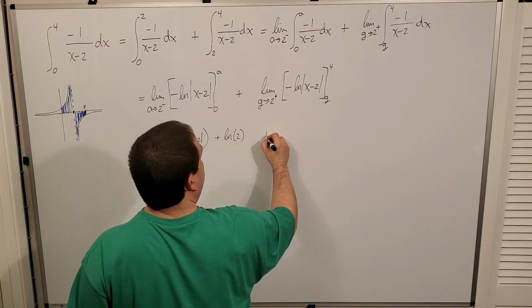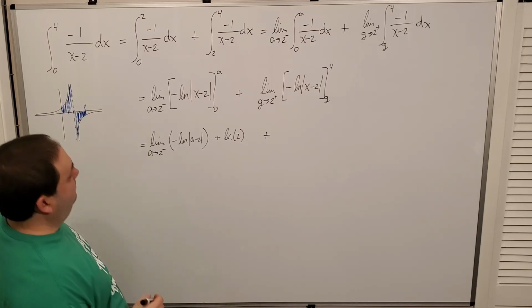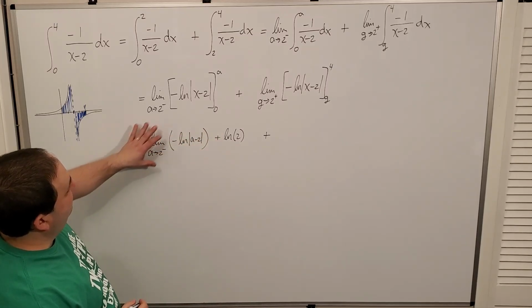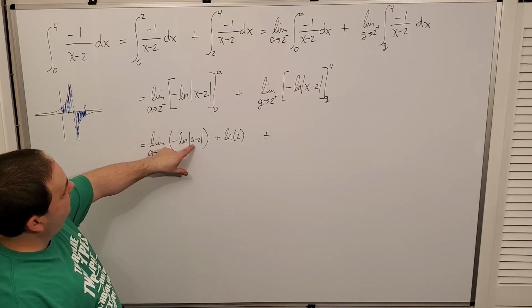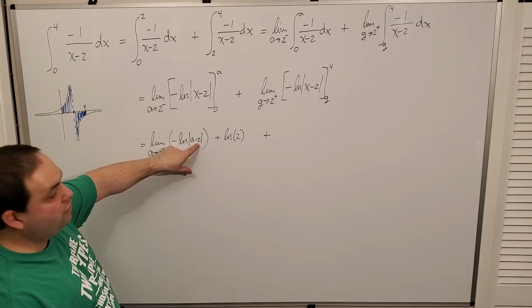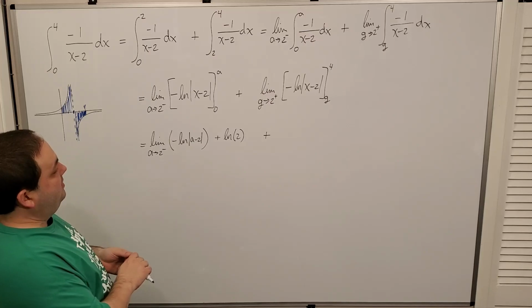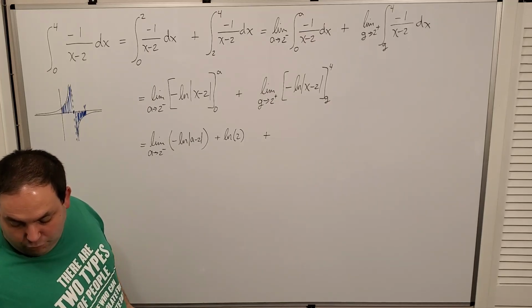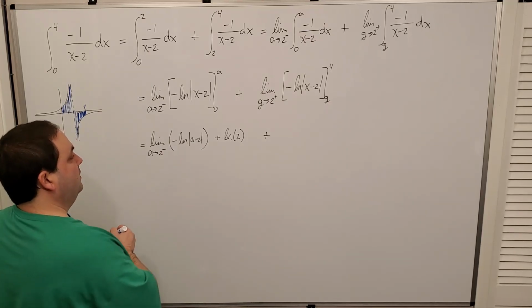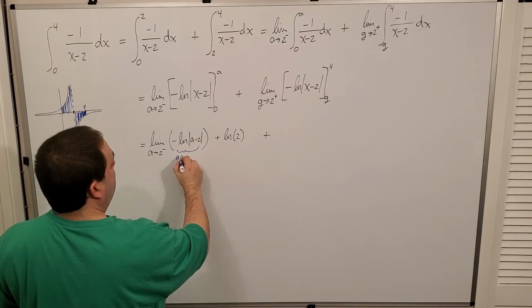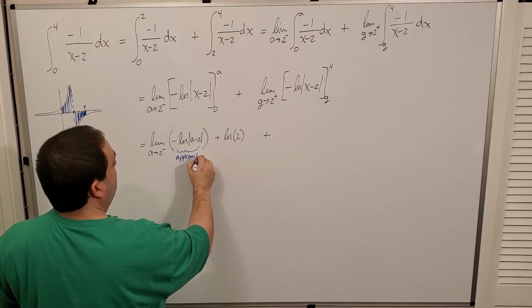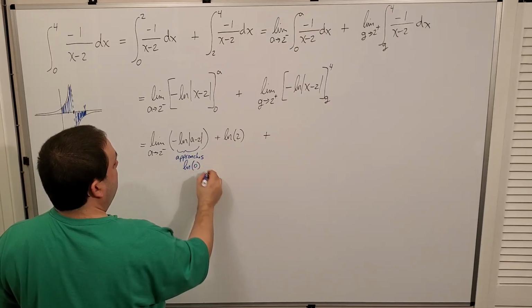Plus, now here's the thing. Go ahead and just look at this limit for a second. If a approaches 2 from the left, that means a is getting closer and closer to 2 here, which means this whole thing is approaching the ln of 0, right?